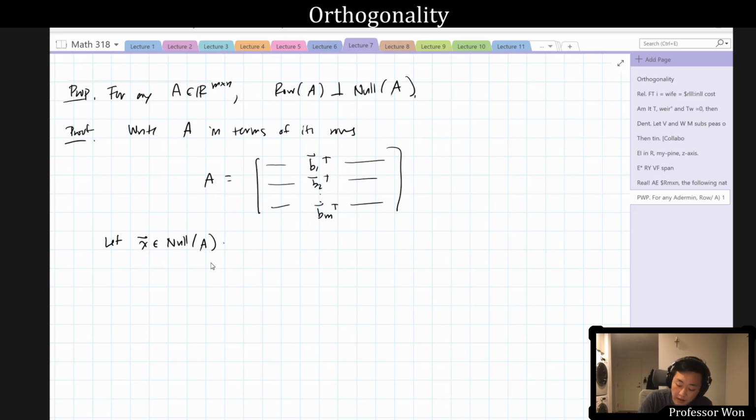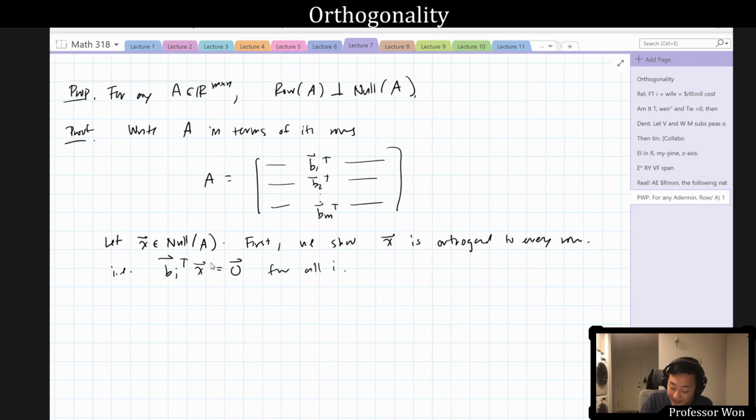So first, we show X is orthogonal to every row. In other words, if I take bi transpose times x, it's equal to 0 for all i.